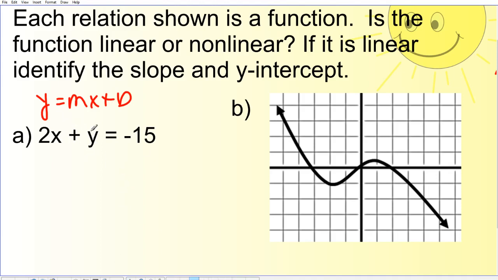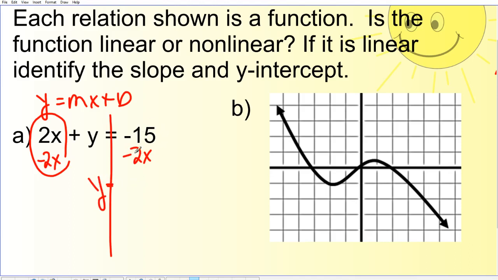To do that, first thing I'm going to do is try to get this y variable by itself. So I want y equals, and the 2x needs to go away. I'm going to subtract 2x on both sides. Y equals, I cannot combine these because they are not like terms, so just negative 2x minus 15.